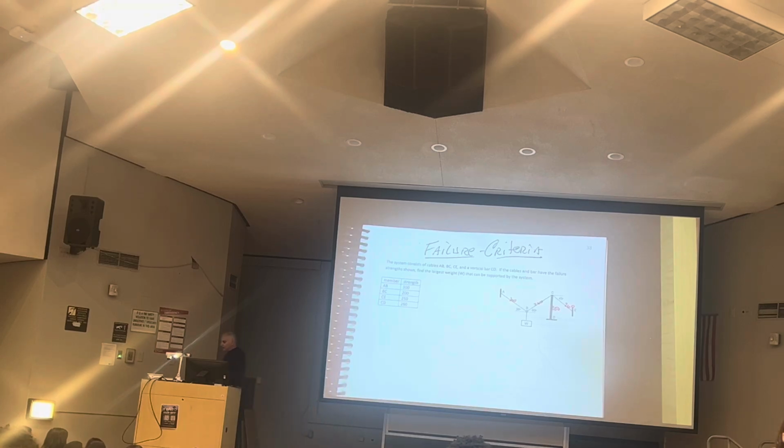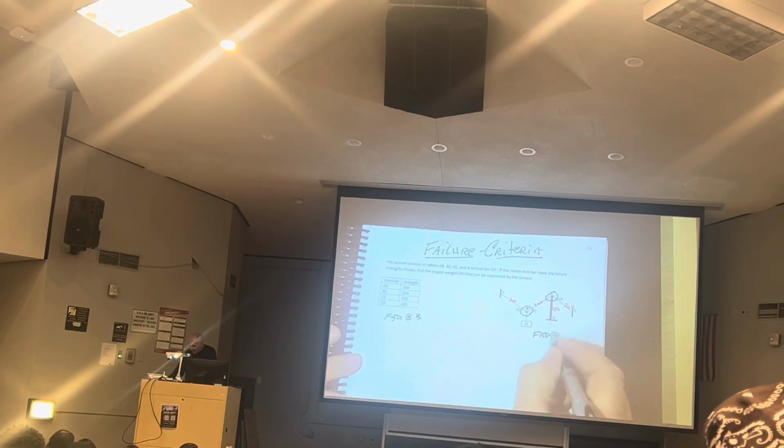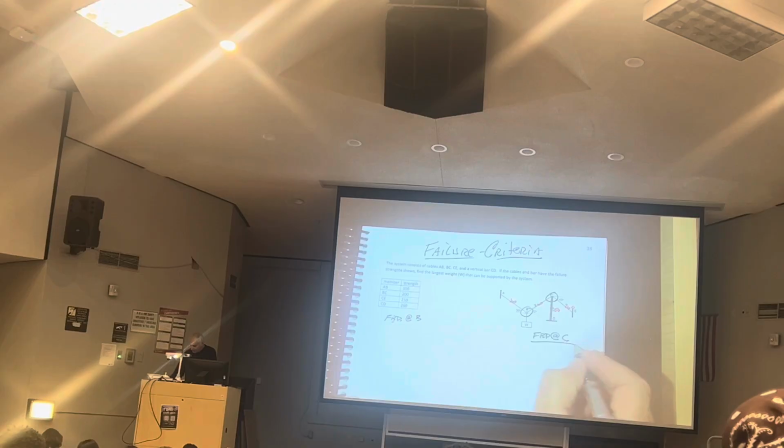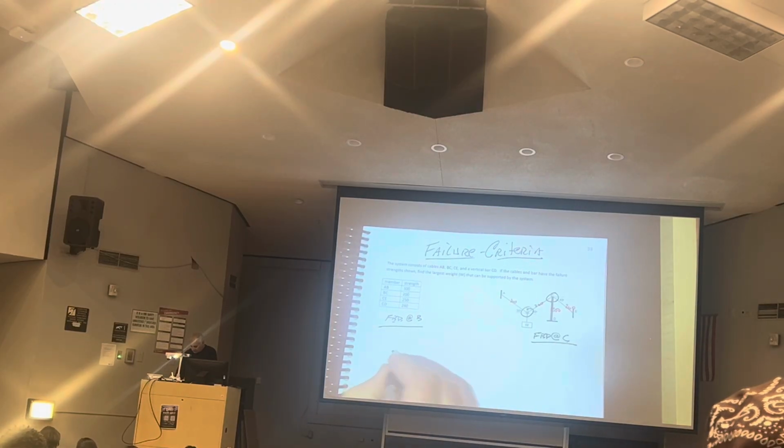Okay? First thing I'm going to notice is there's a point of concurrency at each place. So, free body diagram at B and then a free body diagram at C. Here it is.